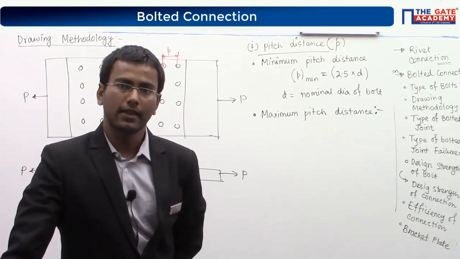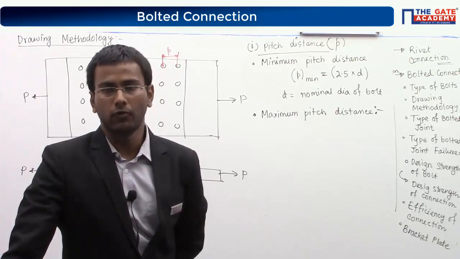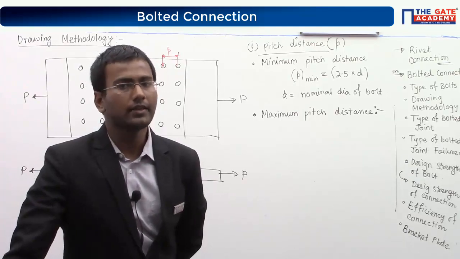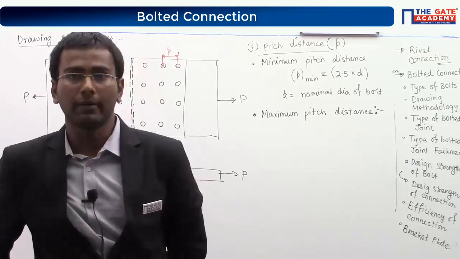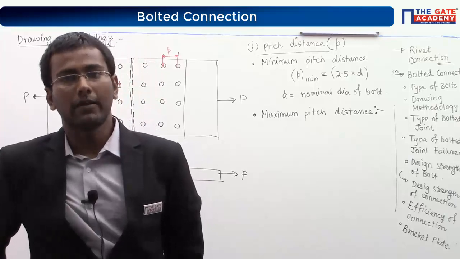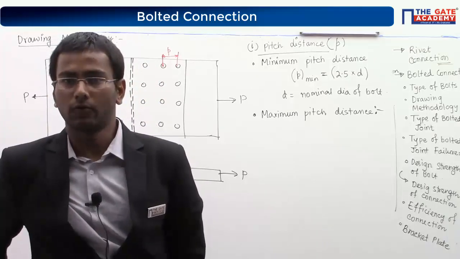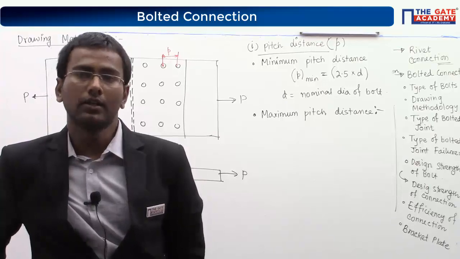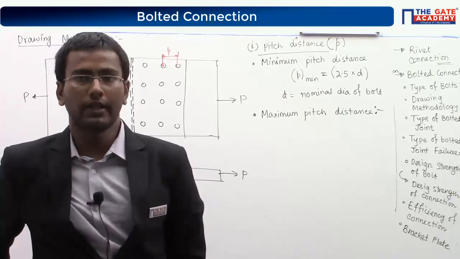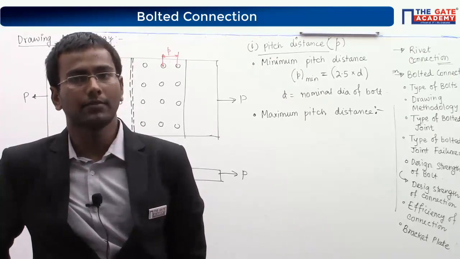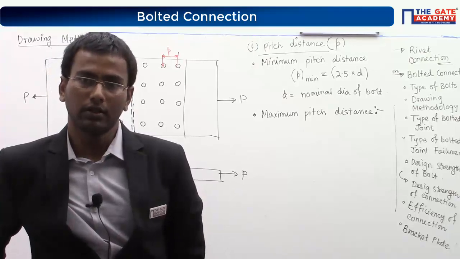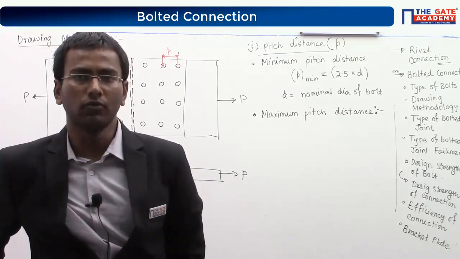Some members are subjected to only tensile force, like tie plates. In a truss, tie plates are always subjected to tensile force, right? Some members like columns in a steel building are always subjected to compressive force, unless there is a huge chance of earthquake.